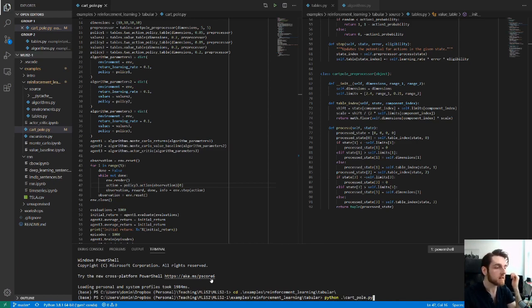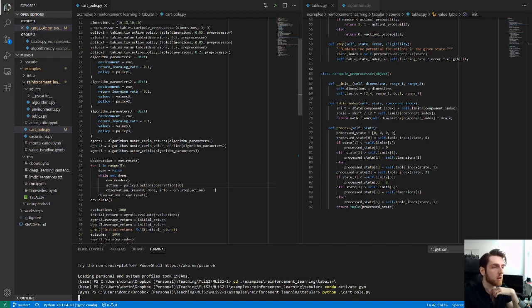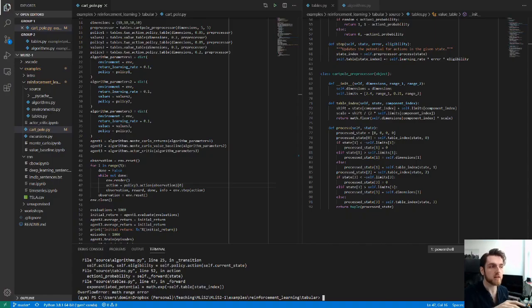What we should see is, we'll see a video pop up in the left corner. If you run this code yourself, setting up a Python environment containing the OpenAI Gym and Matplotlib so that you have plotting software and NumPy, what you'll see is a video that will pop up showing the cart pole running.